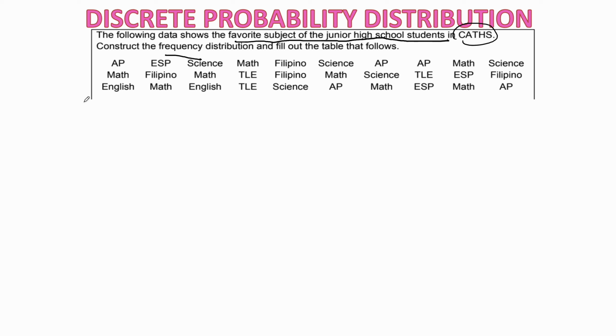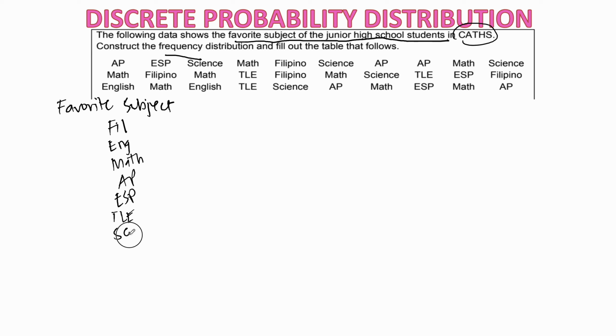So, paano mo gagawin yan? Lalagay mo dito, favorite subject, dito sa header mo. Tapos, tignan mo kung ano yung mga subject na binigay. Okay? Gawa ka muna ng list ng favorite subject. You have your Filipino, English, math, AP, ESP, TLE, at Science. Okay?